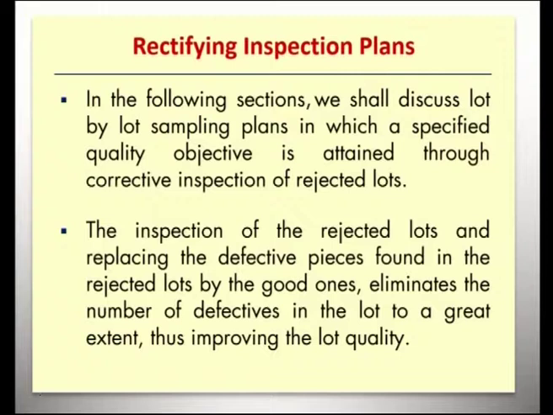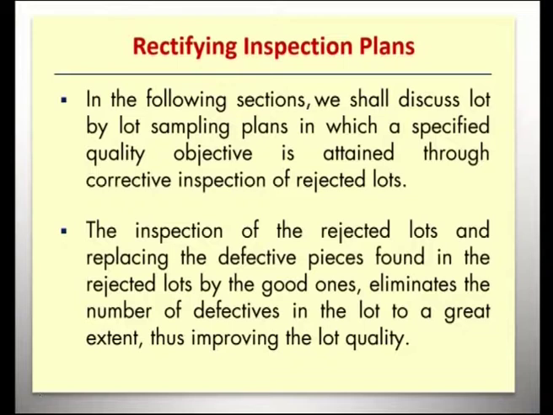Like when we are drawing the control charts, when there are sample points lying outside the UCL or LCL lines, we compute the revised UCL and LCL by removing those particular sample items. That kind of rectification is done with the lot.